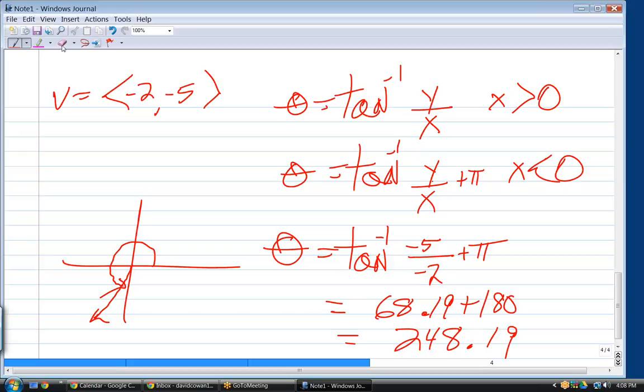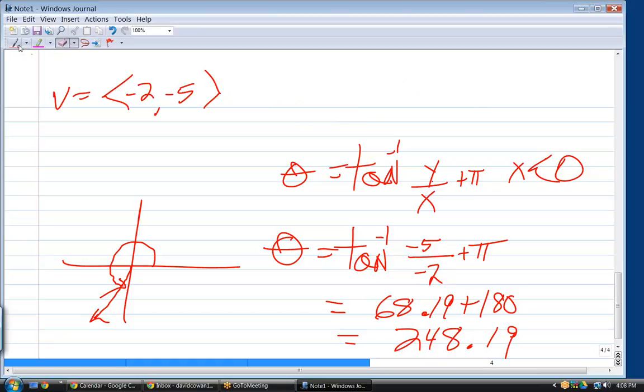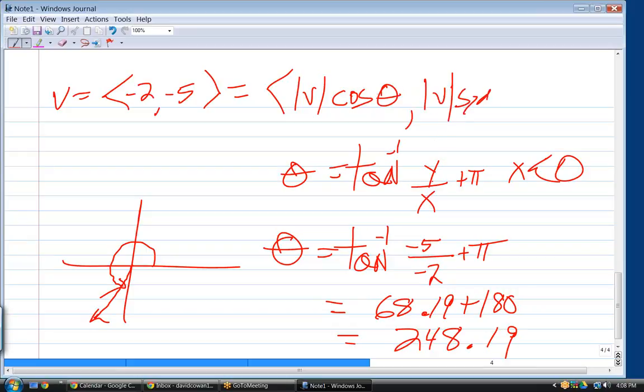This vector, and I'm going to erase this, must be equal to the vector where I have the magnitude of v times the cosine of theta being equal to the x-coordinate, and I have the magnitude of v times the sine of theta equals the y-coordinate. Which means, well, I know what the magnitude of v is.